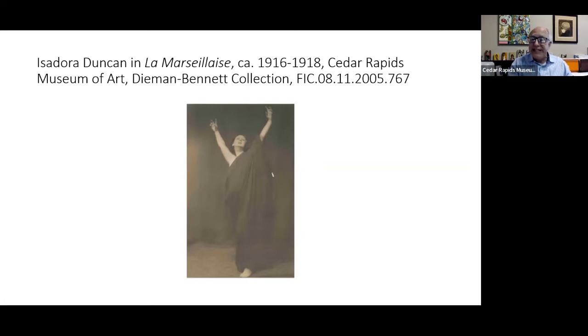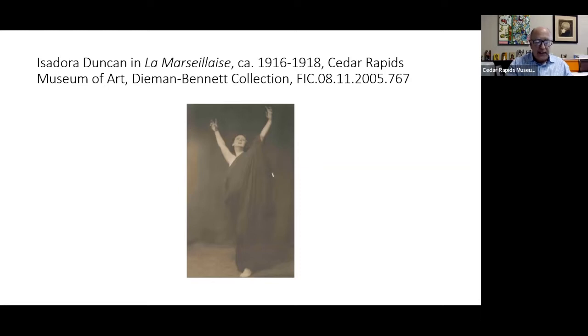She was born in 1878 and died in 1927. So she passed away before Carl Van Vechten started to photograph, but he saw Isadora Duncan dance. So he knew her well, but unfortunately was not photographing at the time that she was alive. She was an American dancer who performed to great acclaim throughout Europe and the US.